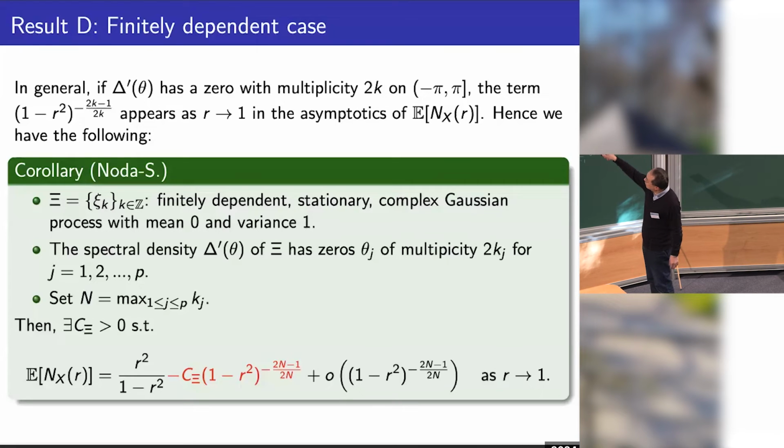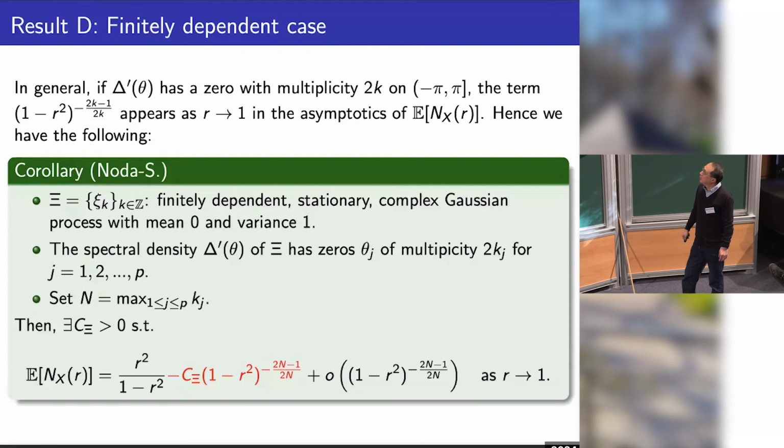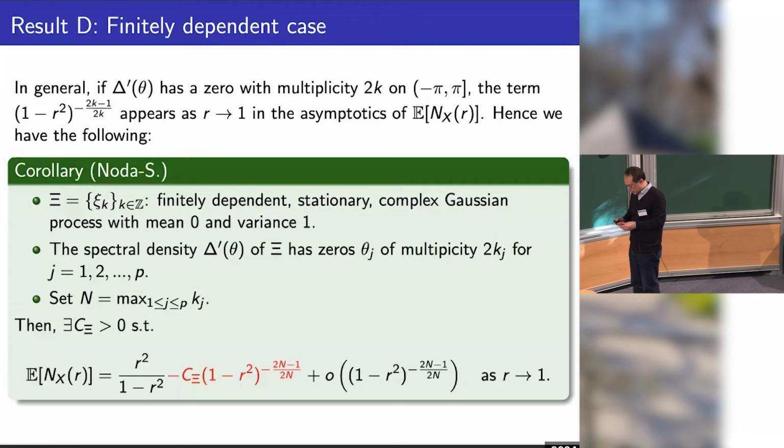Then that capital N appears in this exponent. So this is the finitely dependent case.